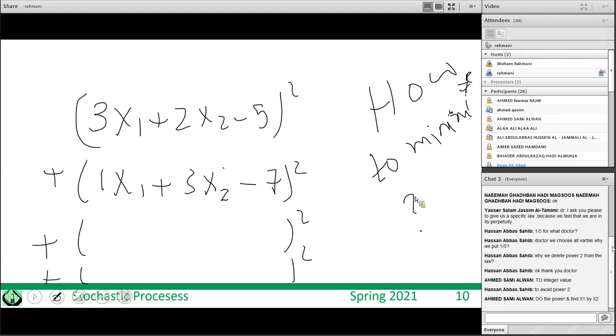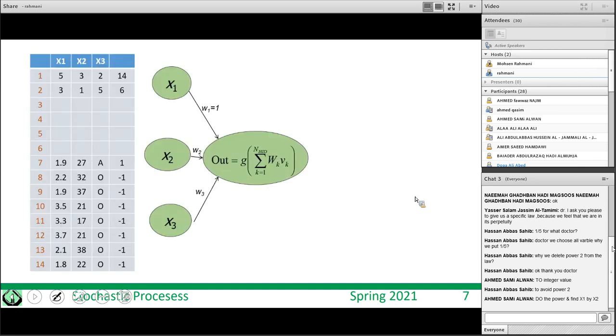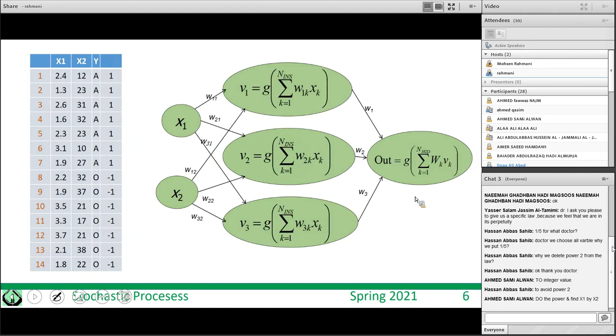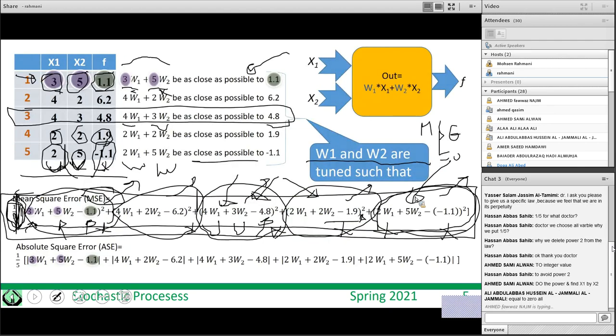Can one of you solve this? For example, in this, we can't make all this zero.